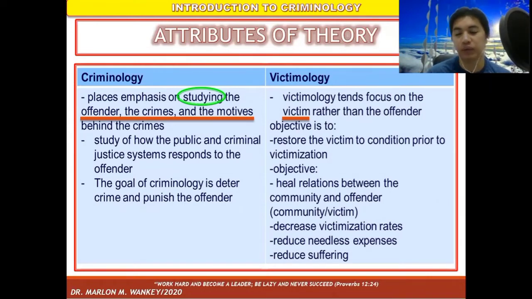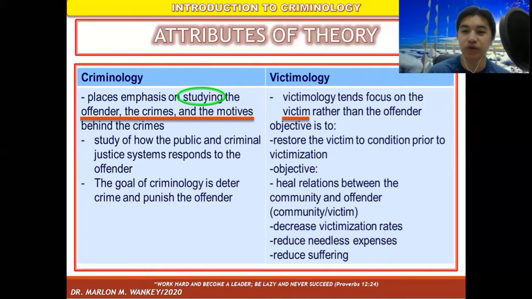So they may be aware, and if they become aware, they know what precautionary actions they may take, and that will help to reduce the rates of victimization, reduce needless expenses as well, and reduce suffering. Of course, if no one is being victimized, no one will suffer pain caused by the crime.